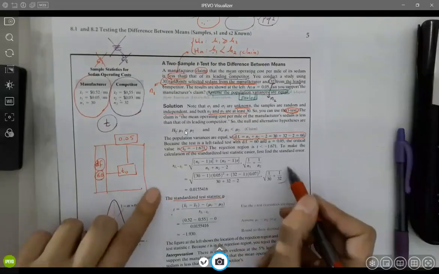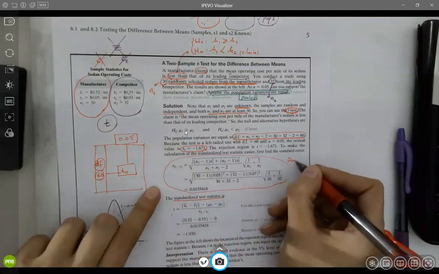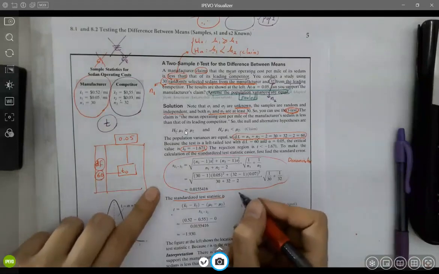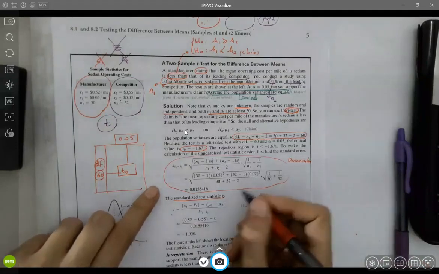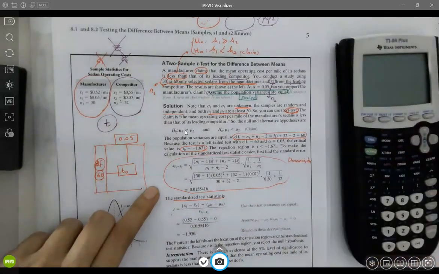So this is our denominator. A lot of confusing calculations. That's why we want to use a calculator. Makes life much easier.